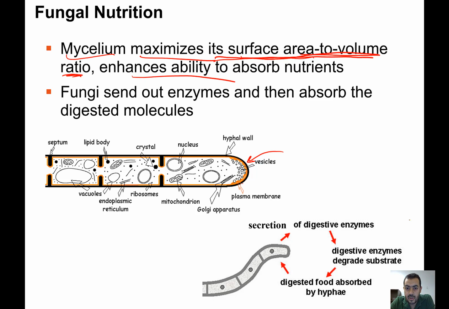These vesicles are the method for secretion of these digestive enzymes. So these digestive enzymes will be packaged inside these vesicles and secreted outside in the media. They will digest the nutrients, and then the hyphae will absorb these digested nutrients inside the fungal cell. So this is, as I said, something very unique for fungi.